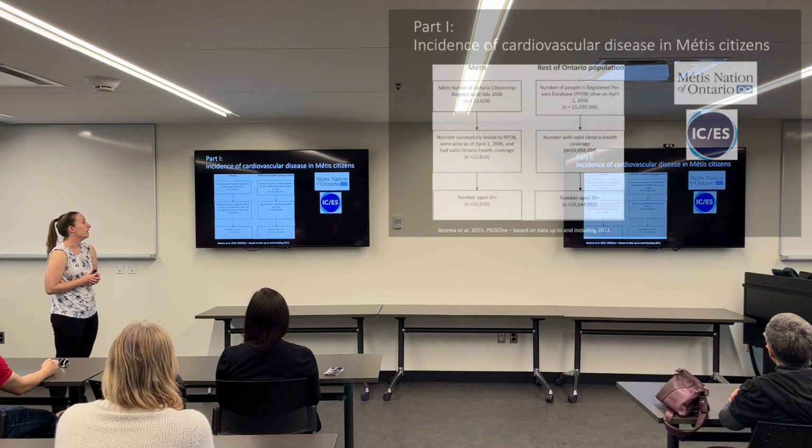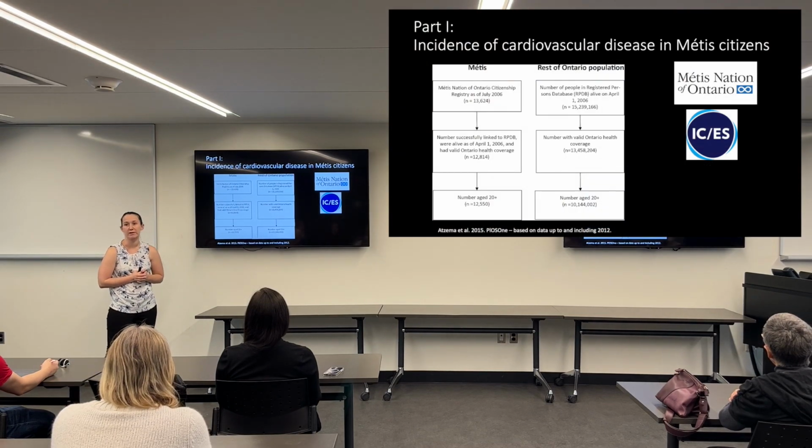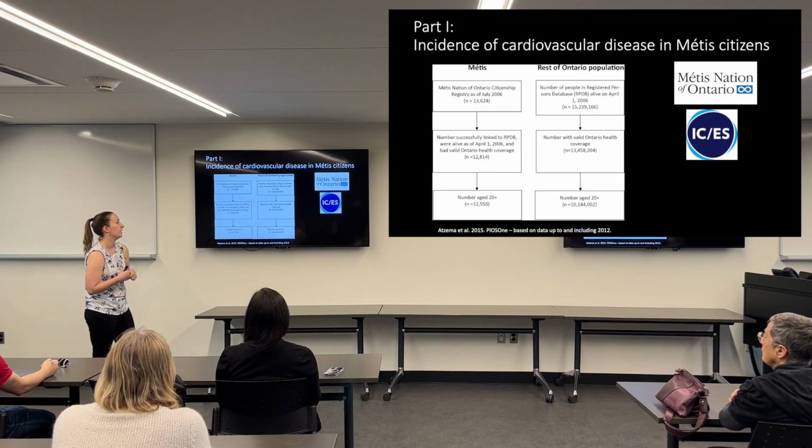So the first one is based on a 4th-year thesis project by one of my students from this past year. And I'll give you a little bit of preamble to the background of why this study took place.